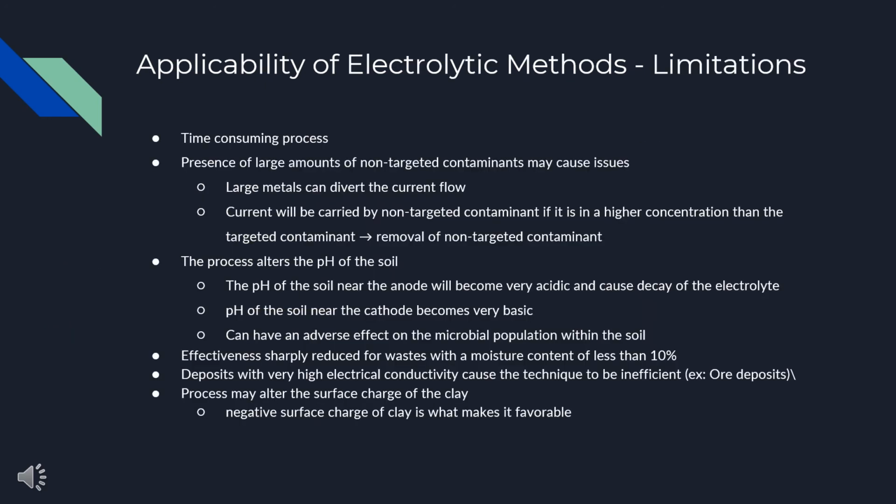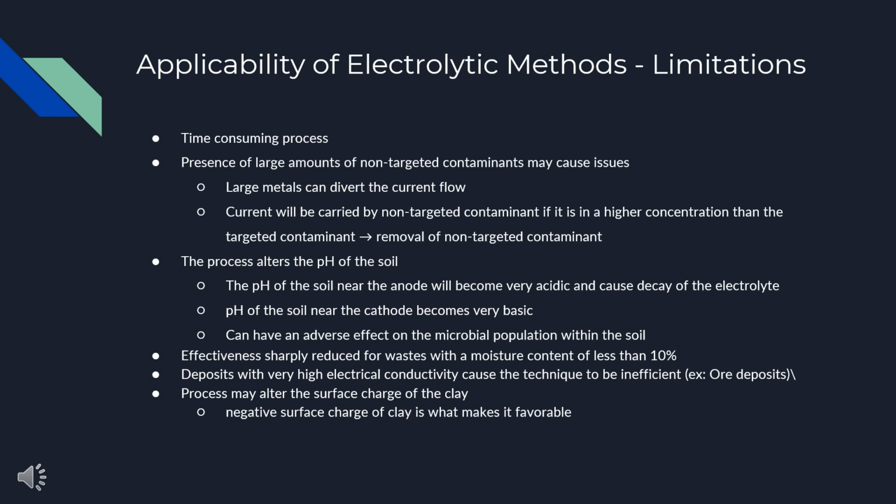Unfortunately, there are some limitations to electrolytic treatment. For starters, it is a pretty time-consuming process, so if rapid treatment was necessary, this might not be a good fit. Another limitation is the presence of other ions or contaminants that are not necessarily being targeted for removal, as these can interfere with the electrolytic process.